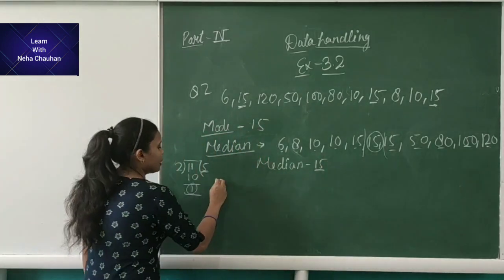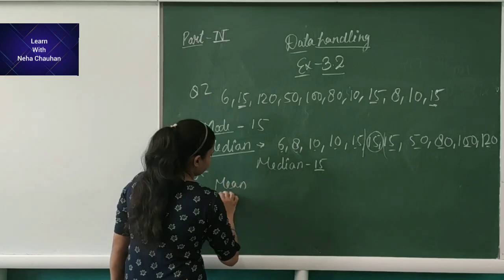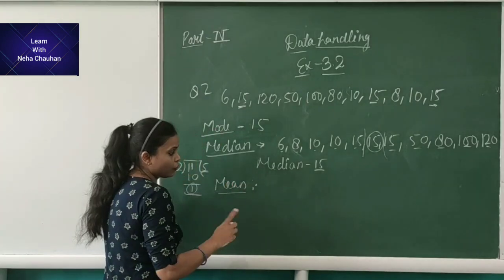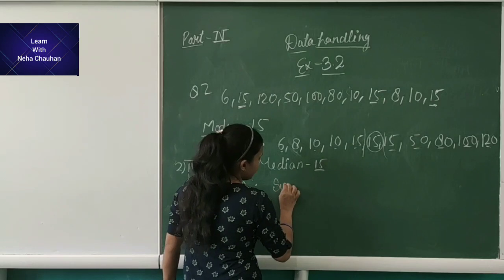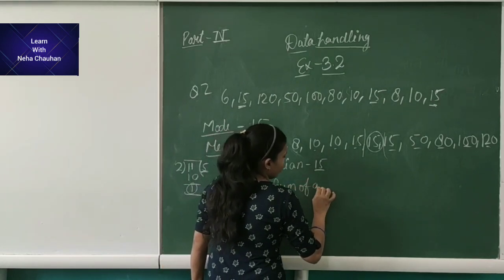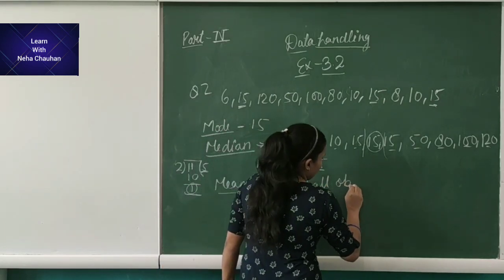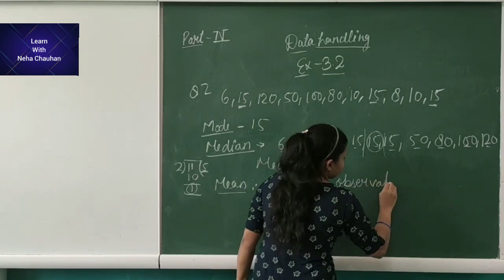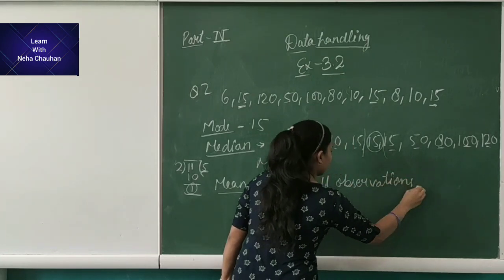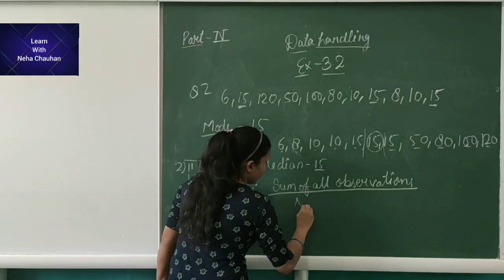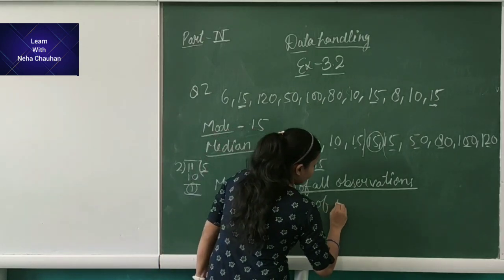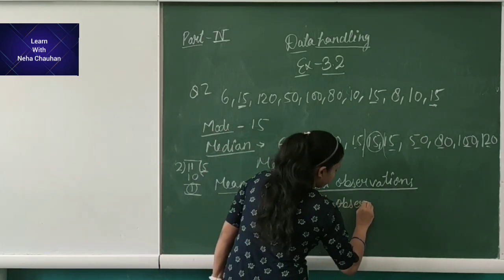So the mode and median are both 15. Now the mean. What is the mean? We will write the formula: the sum of all observations divided by the number of observations.